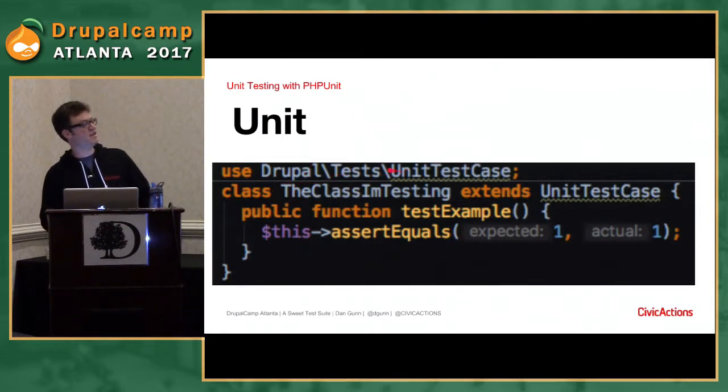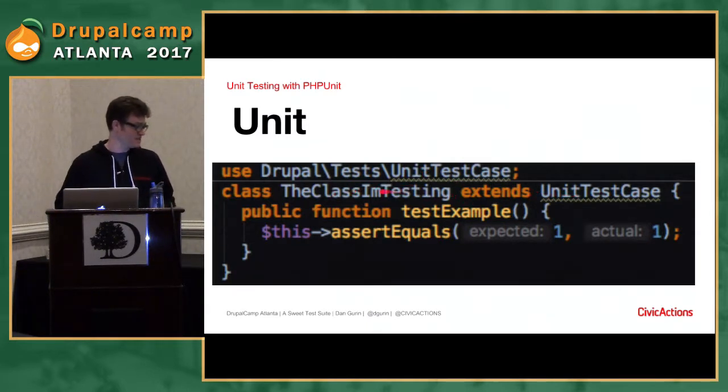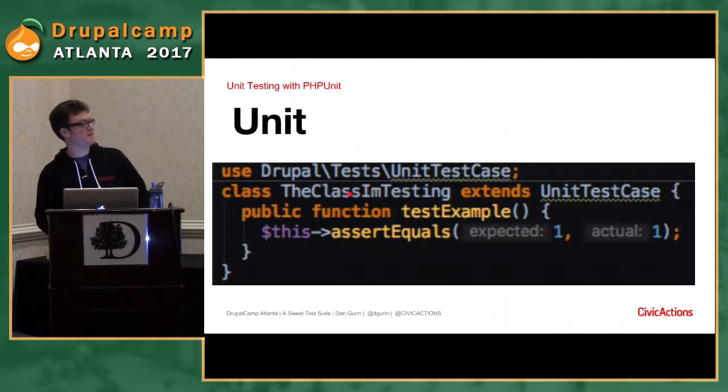You'll include the class that you want to use, and then extend it here. So this is the name of the class you're testing, and anything that's a test will start with test, followed by the name of the function.